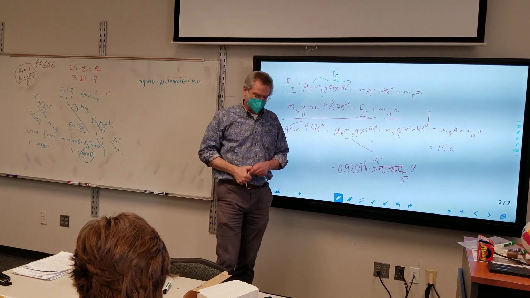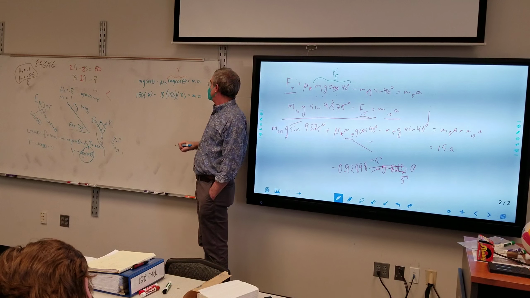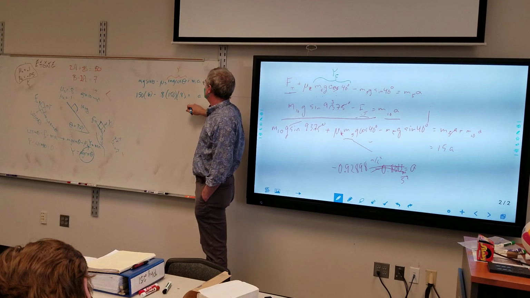So I have 150 times the sine of 37 degrees, which is about 0.6, minus 0.8 times 150 times the cosine, which is 0.8, is equal to ma. You can just go ahead and divide it by the mass. Oh, I did give a mass.